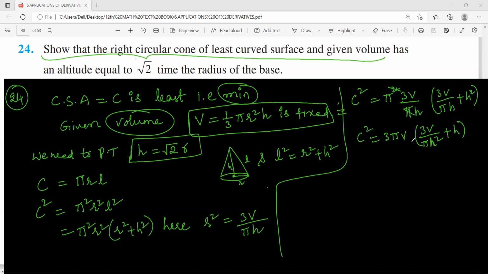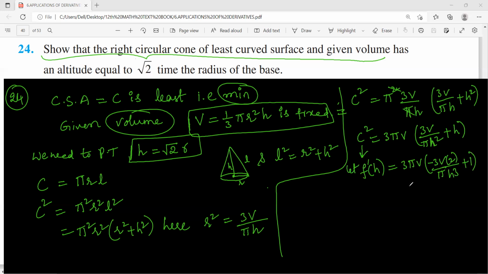Now differentiate. Assume C square as a function f of h. So f dash of h is 3 pi V into, here 1 by h square gives minus 2 by h cube. Keeping 3V by pi aside, minus 2 by h cube plus 1.